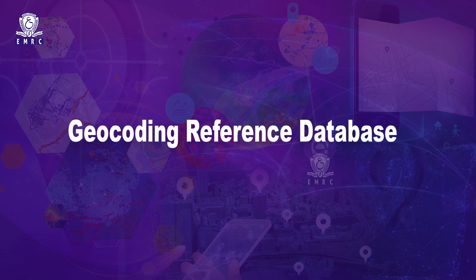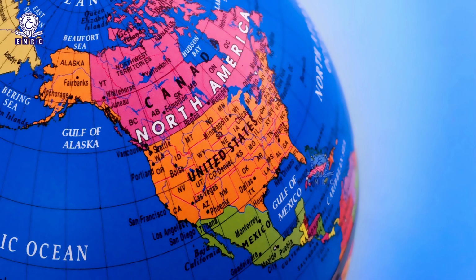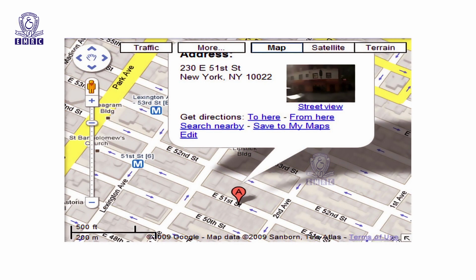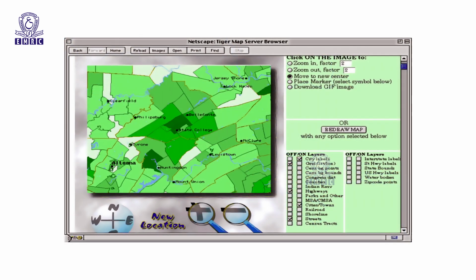Geocoding reference database. A reference database must have a road network with appropriate attributes for geocoding. Many GIS users in the United States derive a geocoding reference database from the TIGER/Line files, which are extracts of geographic and cartographic information from the U.S. Census Bureau's MAF/TIGER, the Master Address File/Topologically Integrated Geographic Encoding and Referencing database.